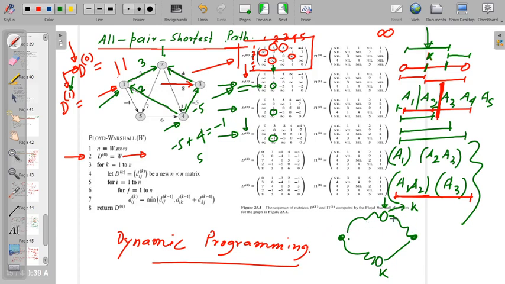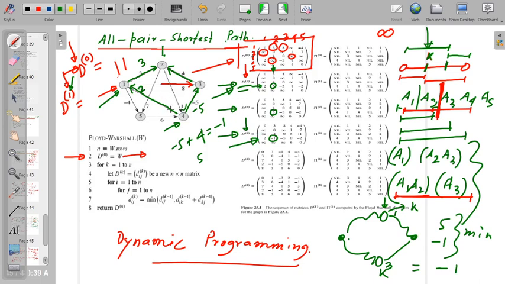Previously I computed, this is via 1, and this is via 3. Previously I computed that is 5, and now I am computing via 3, and that is -1. The minimum of this I am taking into consideration, and that is -1. So that's why it is updated with -1, right?